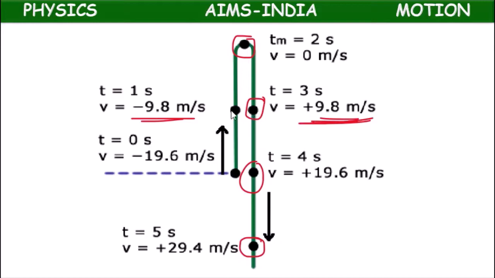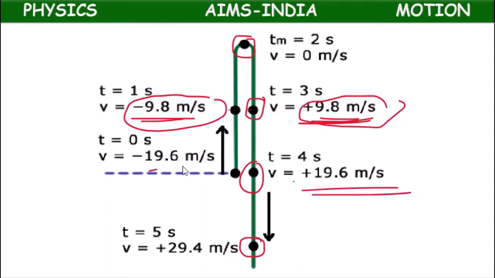Means at the same point they will have the same velocities but in opposite directions. So here 19.6, here minus 19.6, here 29.4. If it comes here, it will become minus 29.4. At the top the final velocity is 0, and for 0 there is no plus or minus, so that's why here also 0.